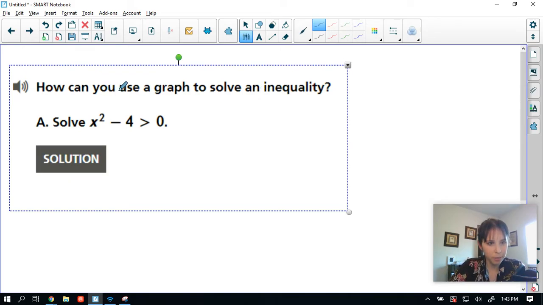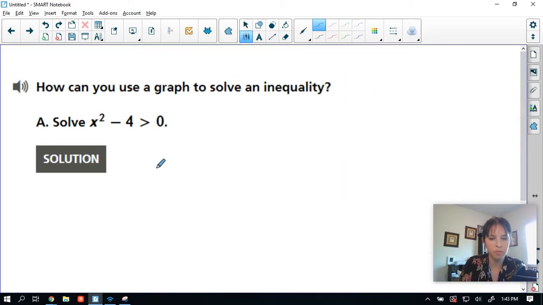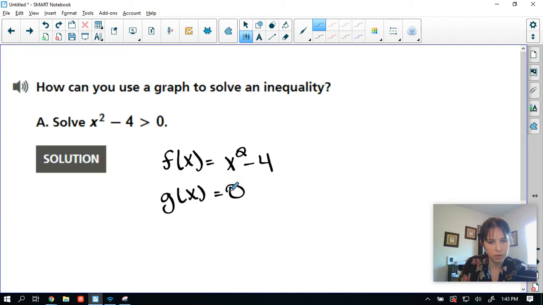So just like before, in example 1, we're going to break this out into two expressions. All right. So we're going to have f of x equal to x squared minus 4, and g of x is equal to 0. And when I go into Desmos to graph these, and again, we could graph these by hand by making the t-table.